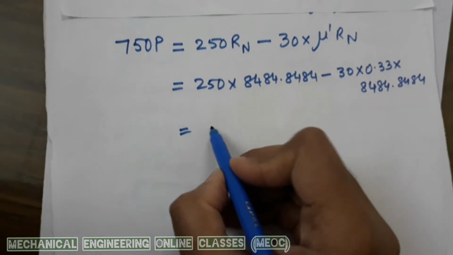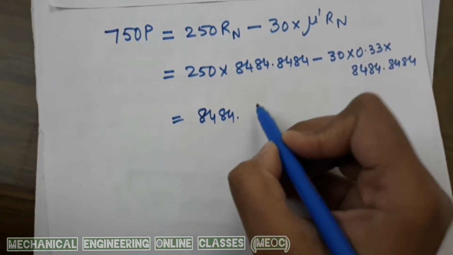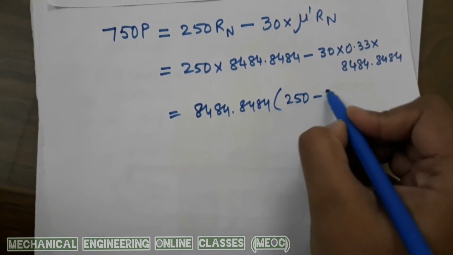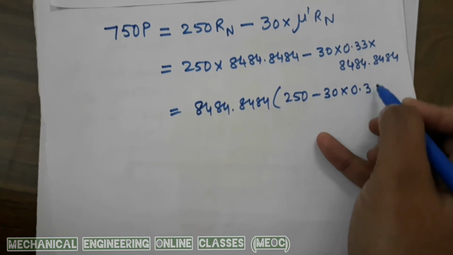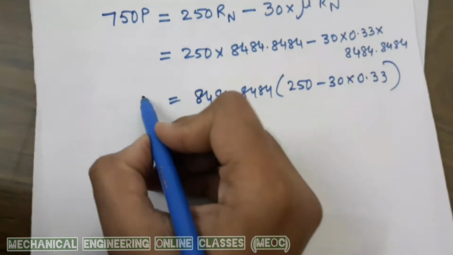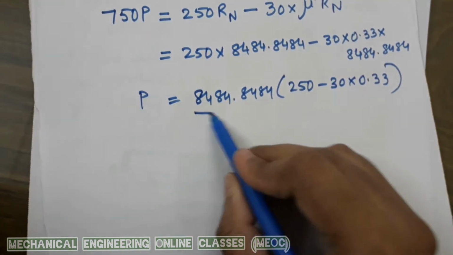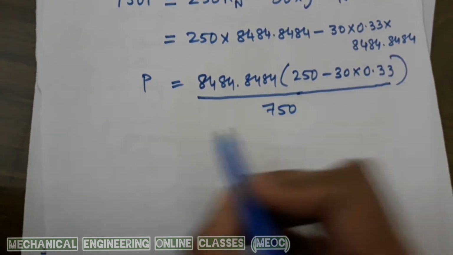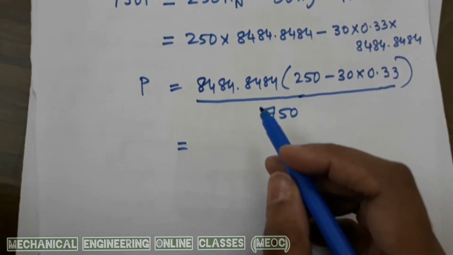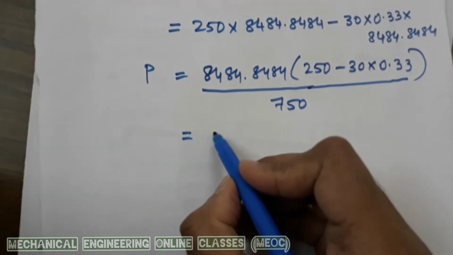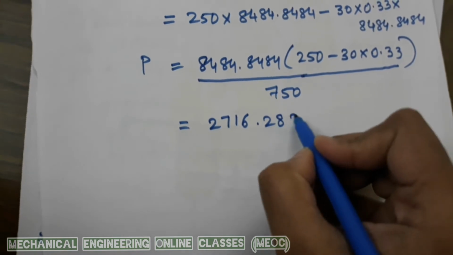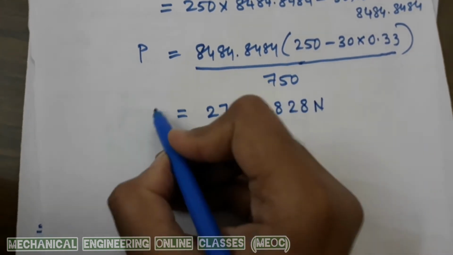So this can be solved by simplifying. This is 750P, so I am just cross multiplying that 750 here. So P will be this. So on calculating this, I got P as 2716.2828 newtons.